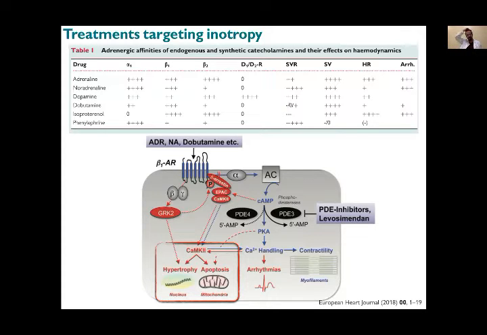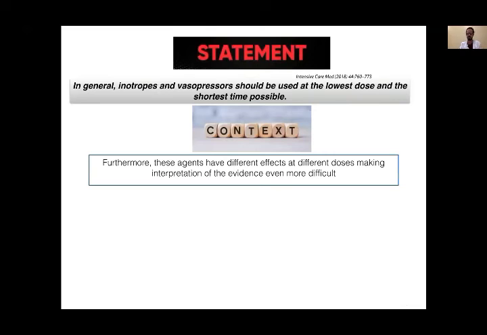So the knowledge regarding the selectivity of each catecholamine to a specific receptor is something we must know when we are starting a catecholamine infusion in our patient in cardiogenic shock.